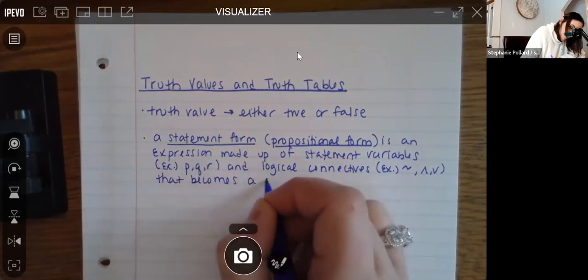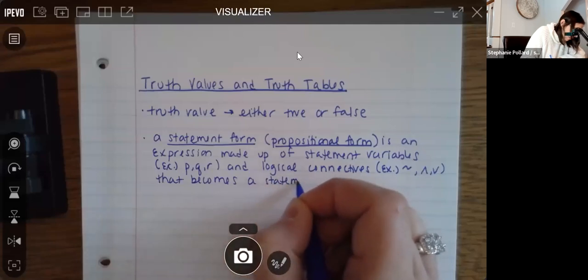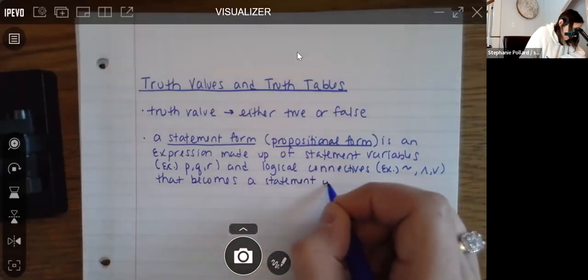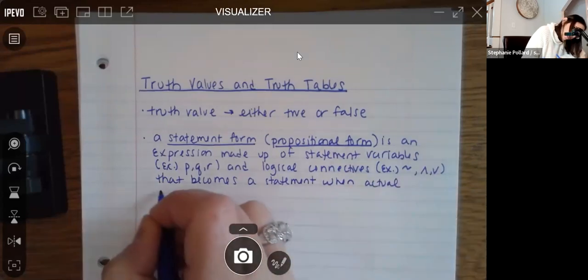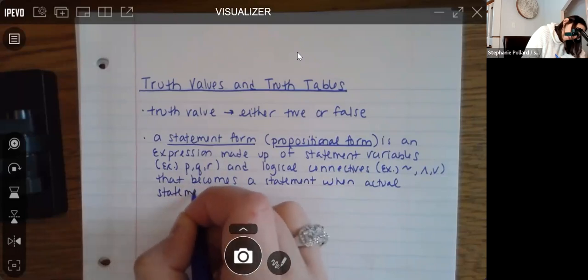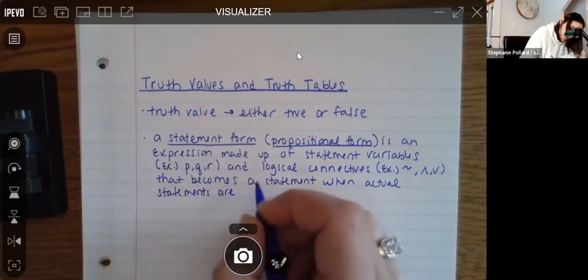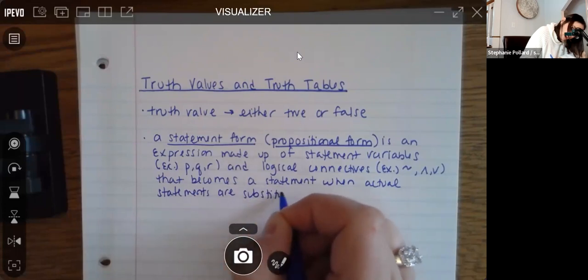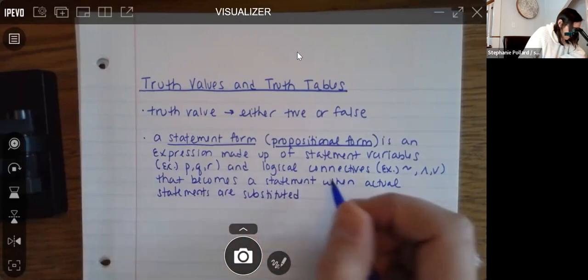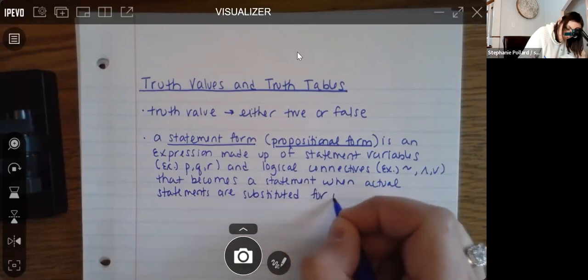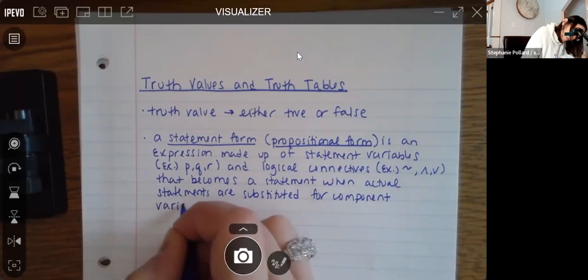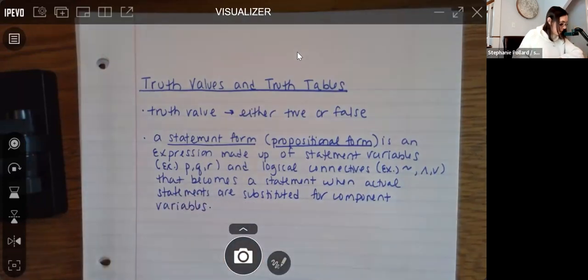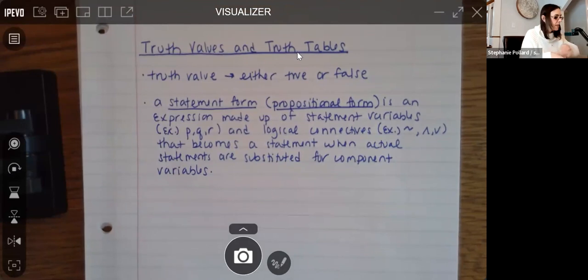That becomes a statement when actual statements are substituted for component variables.